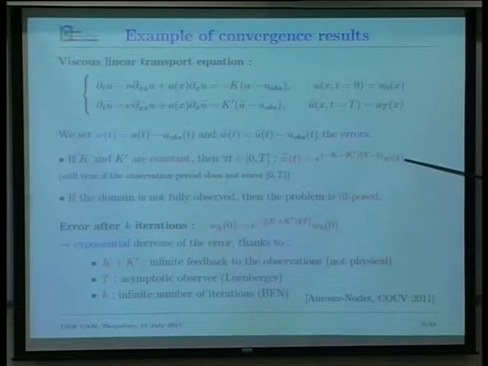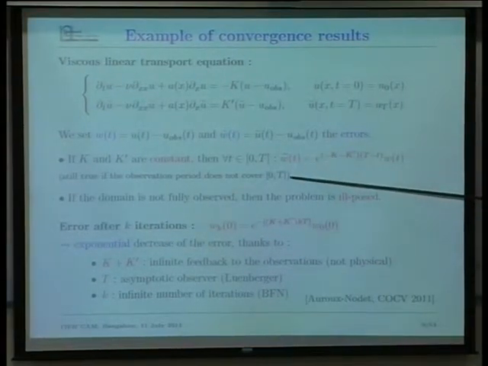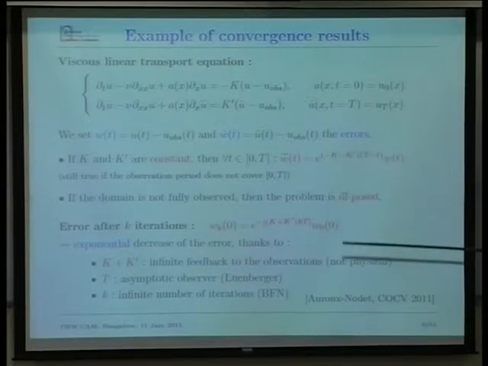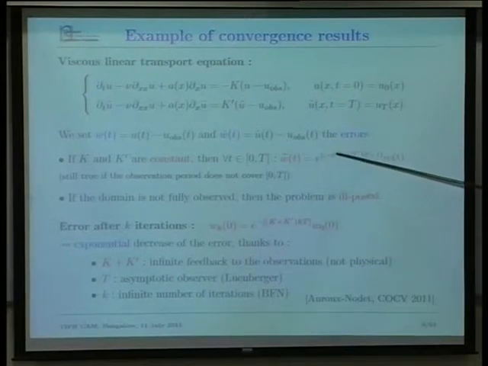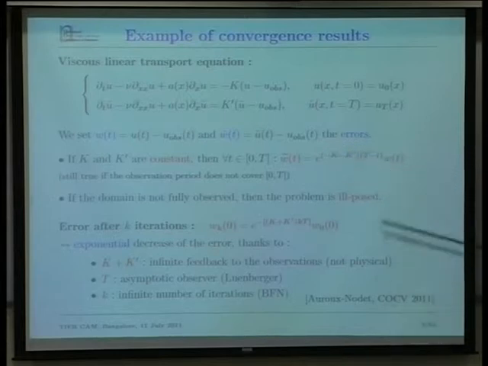So the error decreases exponentially, and it's still true if the observation period does not cover the entire assimilation window. You still assume that you observe everywhere in space, but not at any time, and then you change this coefficient, but it's still negative.